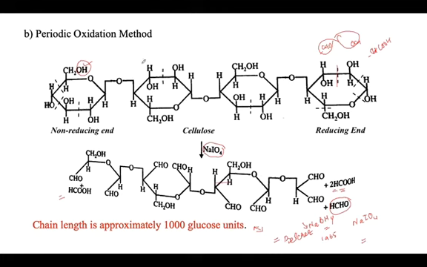When we say over oxidation, you can say that even all these hydroxy groups have been oxidized. From this, the chain length was found to be approximately 1000 glucose units. So this confirms the overall structure of the cellulose molecule.